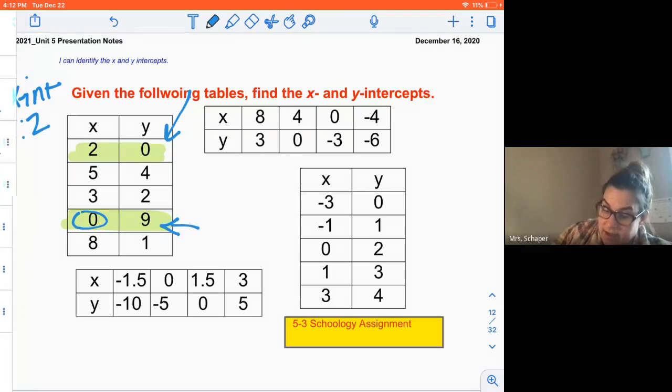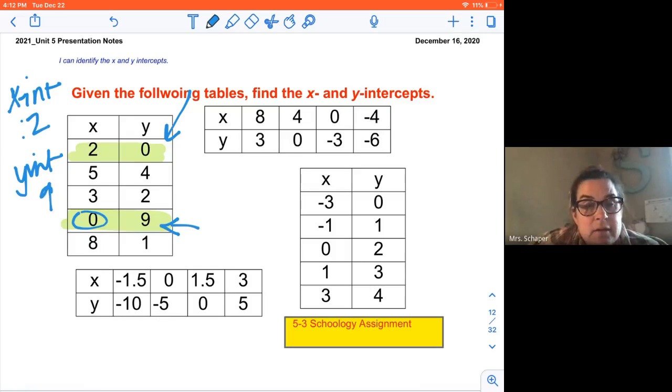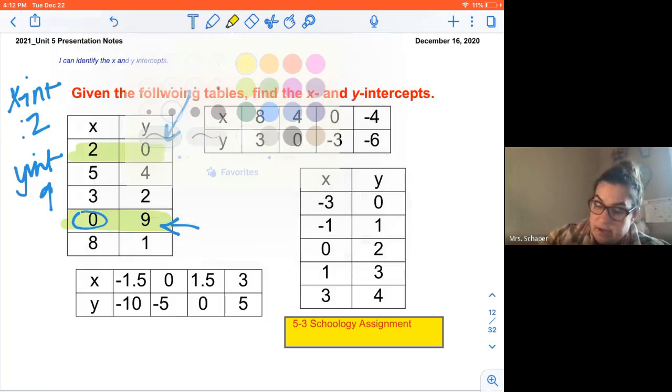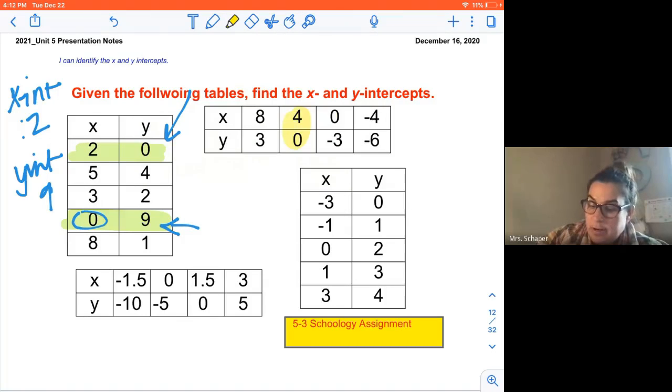So the y-intercept is 9. Let's take a look at another t-table. Let's look at this one over here. I'm going to identify where the zeros are, because that's going to help me figure it out. Okay. When y is 0, x is 4.